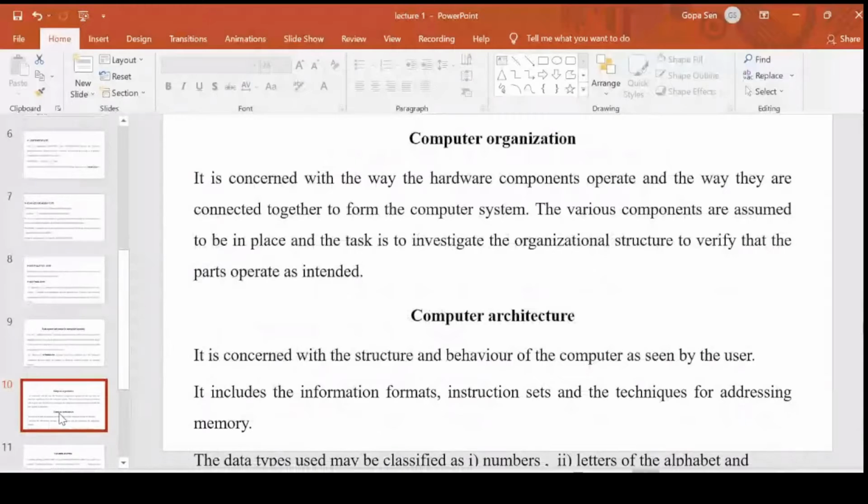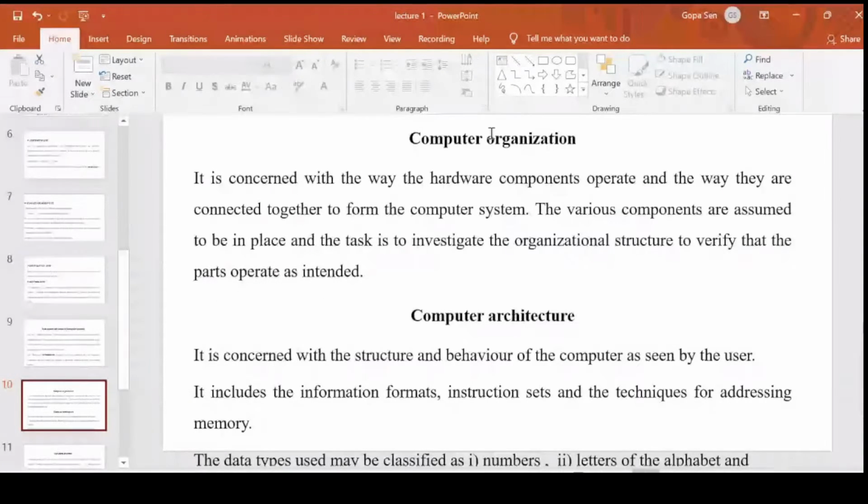Now, what do we mean by the term organization and what do we mean by the term architecture? Organization is concerned with the way the hardware components operate and the way they are connected together to form the computer system. The various components are assumed to be in place, and the task is to investigate the organizational structure to verify that the parts operate as intended.